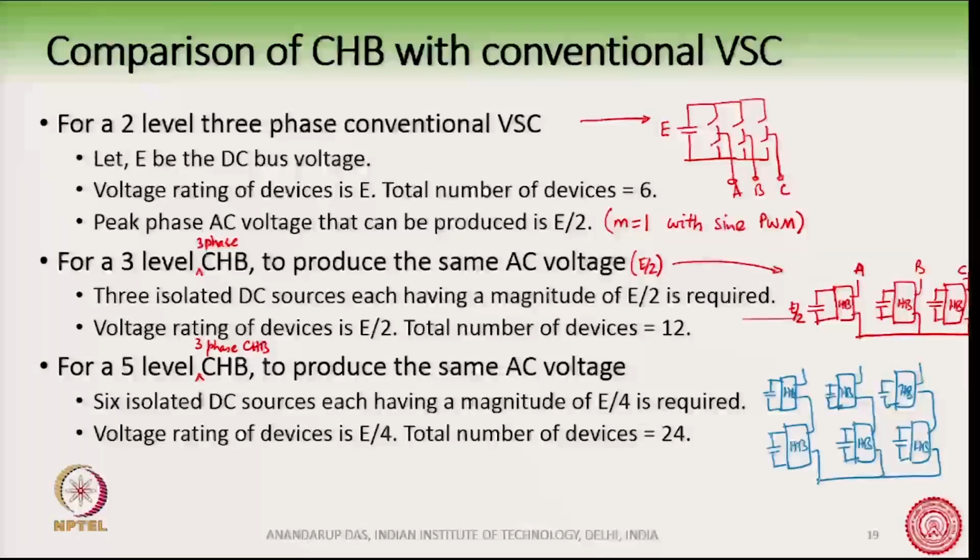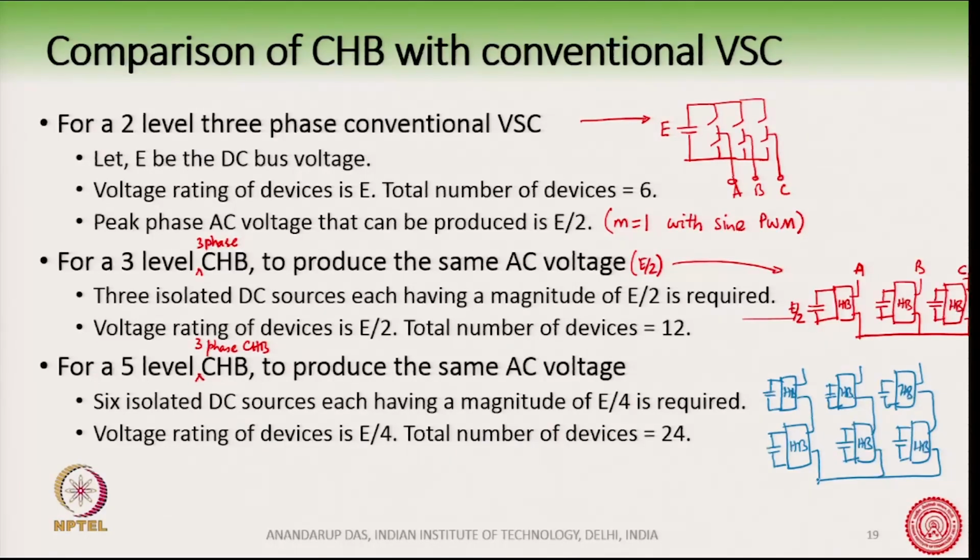So, this is the 5 level 3 phase CHB. So, how many devices do we require now? We require 4 into 6, that is 24 devices here.